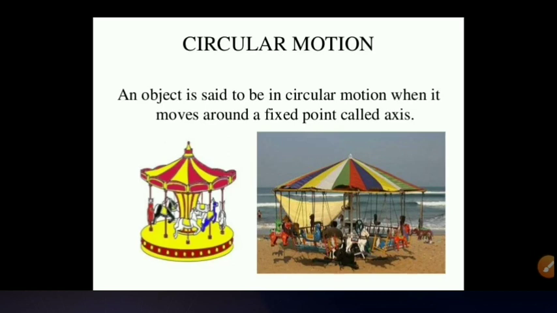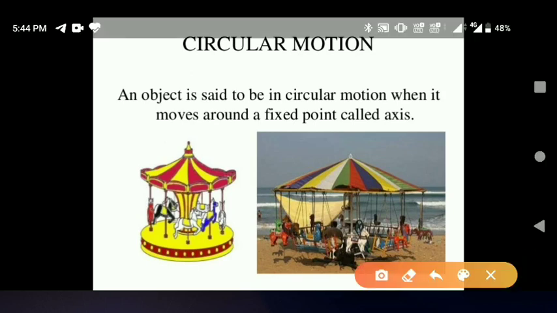An object is said to be in circular motion if it moves around a fixed point in a circular path. It is a special type of curvilinear motion in which the distance of the moving object from a fixed point remains constant and does not change. Some examples of circular motion are a child sitting on a merry-go-round.